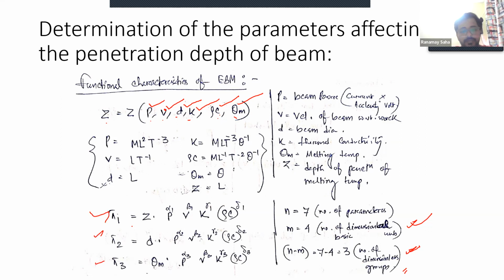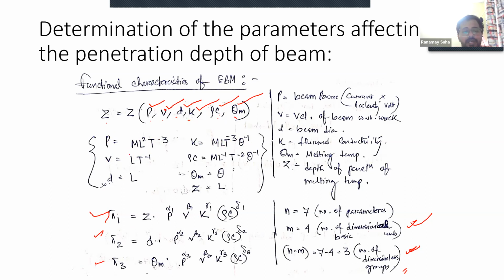Now, using that, we proceed. You just write all the parameters in terms of mass, length, and time coefficients. So the power varies as M L^2 T^-3. That way K varies as M L T^-3 theta^-1.